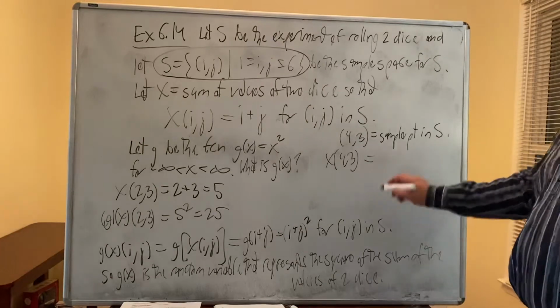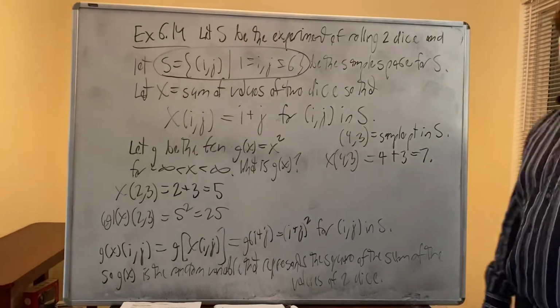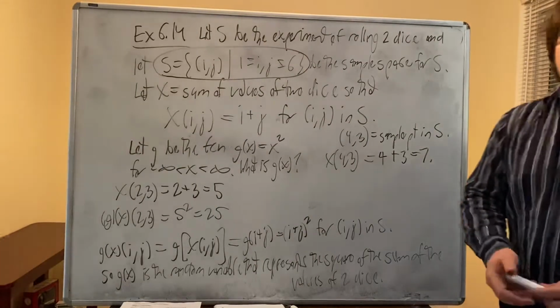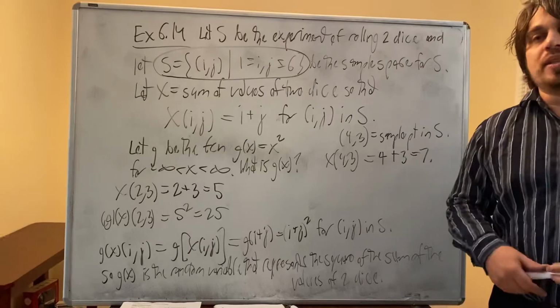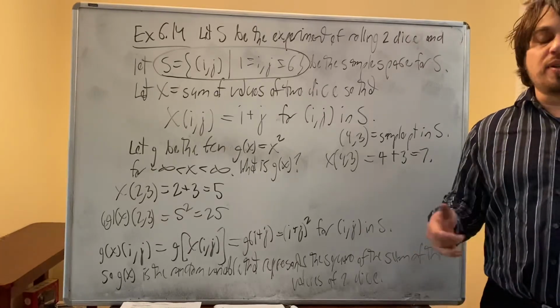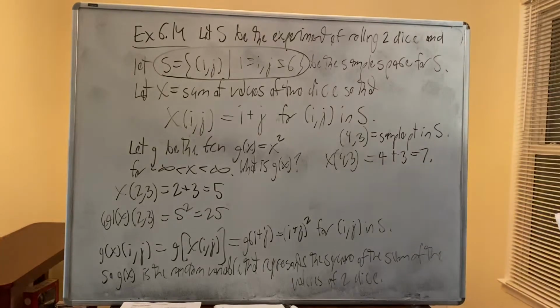So that's 4 plus 3. That's 7. So x takes the sum of the 2 dice rolls. It's really inputting just one sample point, right? Because 4 comma 3 is one sample point. But x is adding up the first and second component, which represent the results from the first and second roll of the die. So x of 4 comma 3 is 4 plus 3, which is 7.